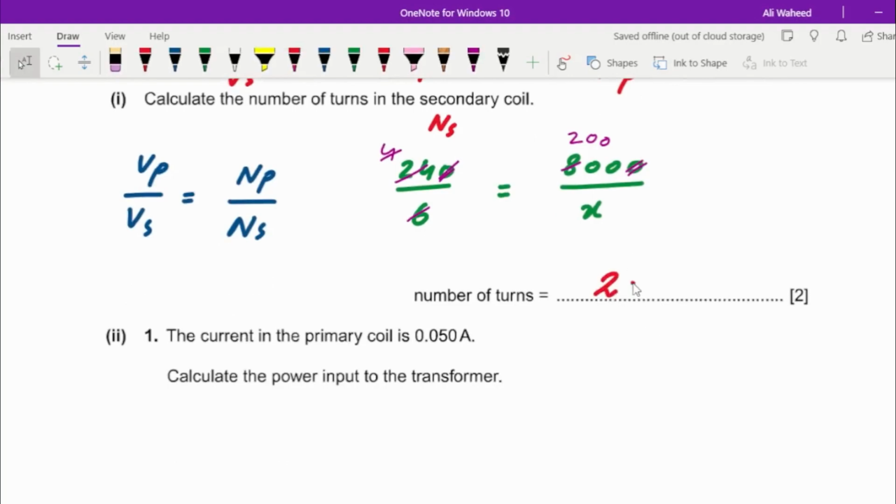Anyway, you can just hit it as it is on the calculator and you can confirm the answer.